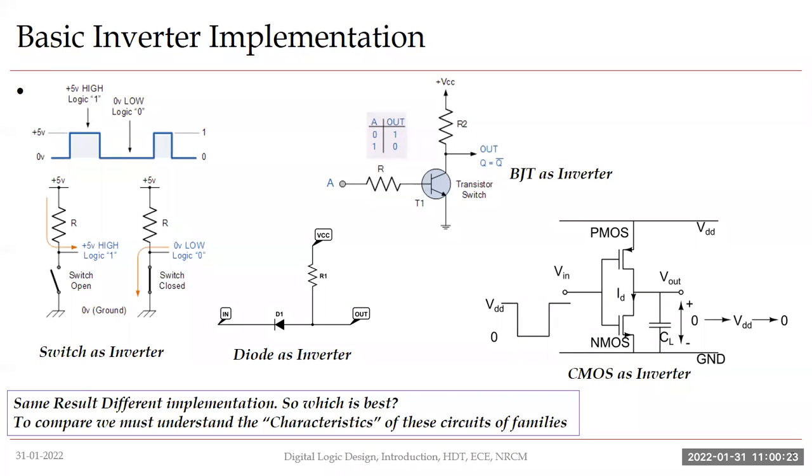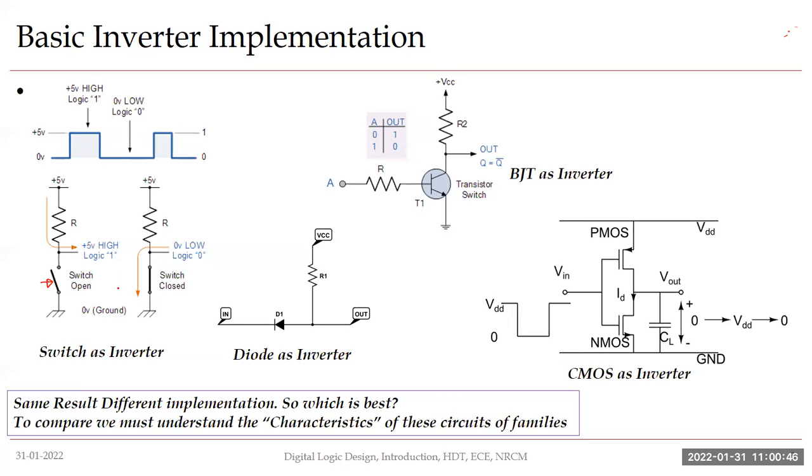We'll see a very simple and small example here. You see there is a switch connected over here. You have a 5 volt power supply and there is a switch connected here. When I push this switch, the output gets shorted to the ground.